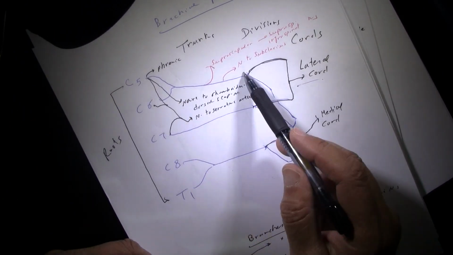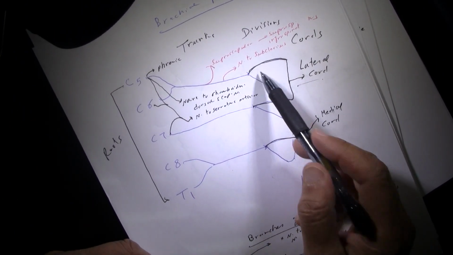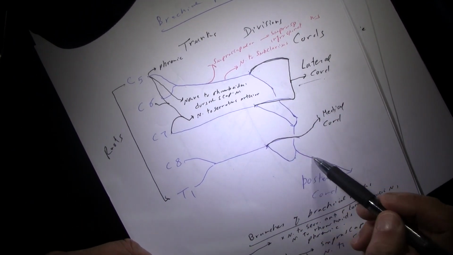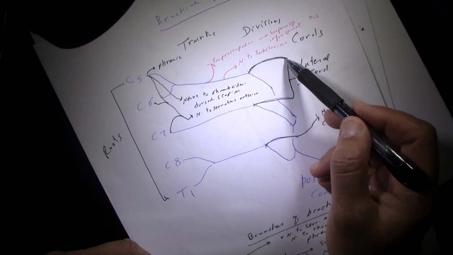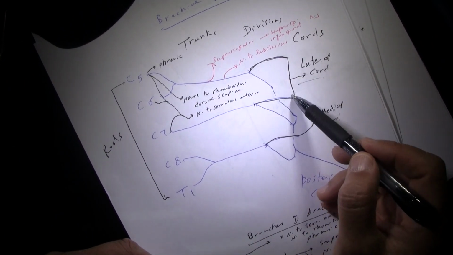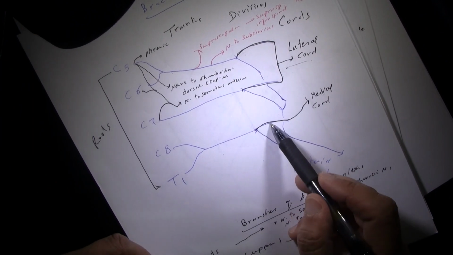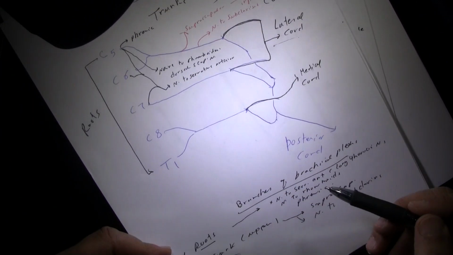Then trunks are going to split into anterior and posterior division. The posterior divisions join each other to form what we call the posterior cord. Anterior divisions of the upper and the middle trunk join each other, they form lateral cord. Anterior division from the lower trunk continues as medial cord.